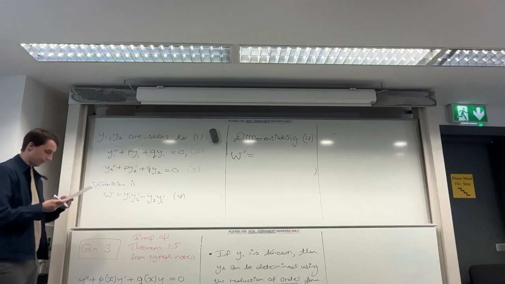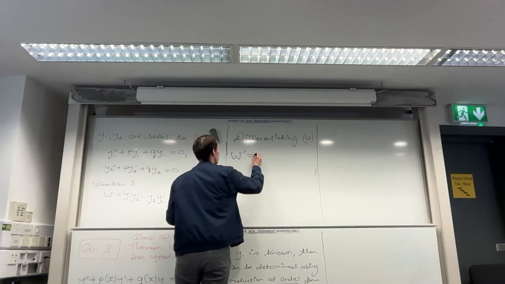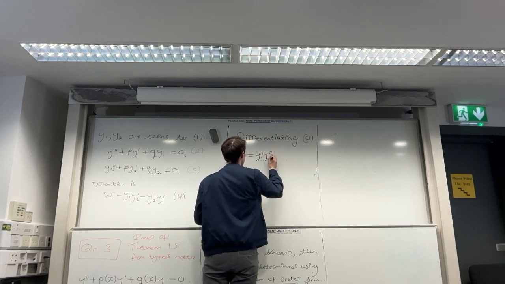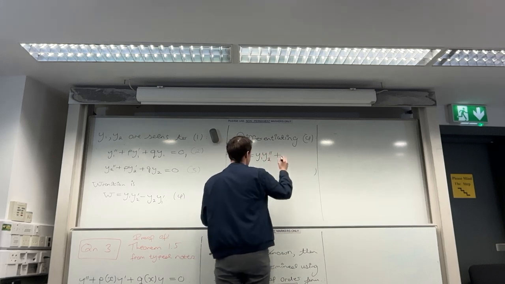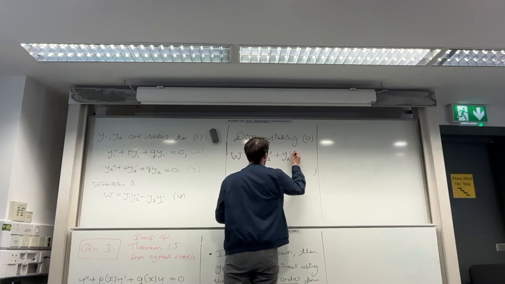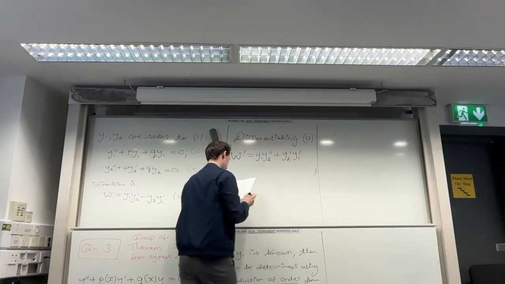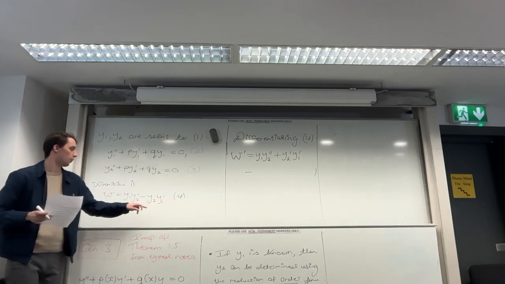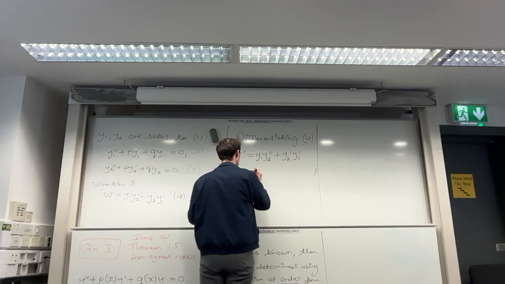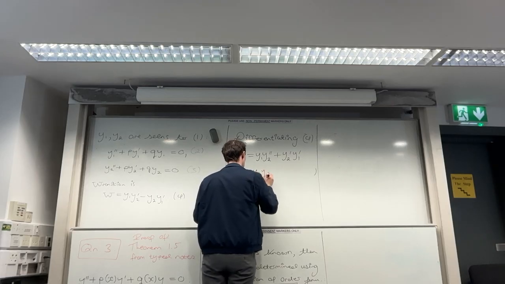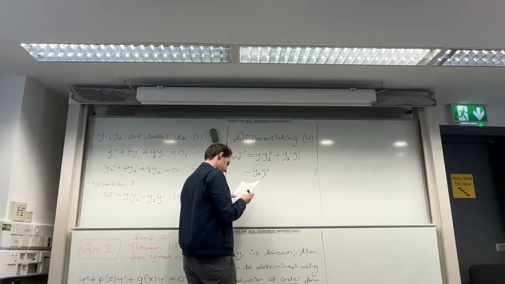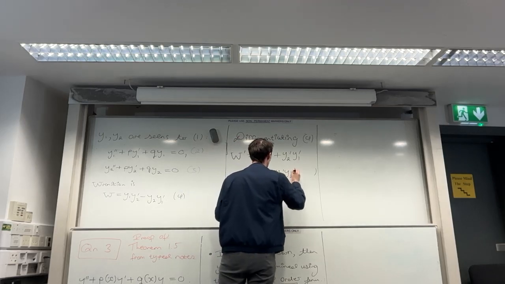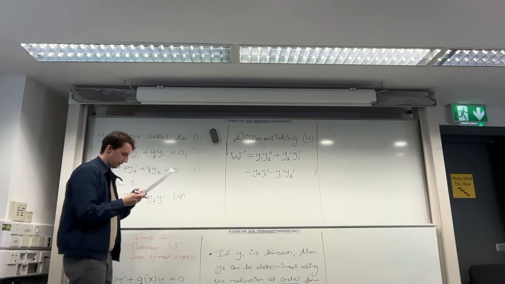So the first derivative is just going to give us y1 y2 double prime plus y2 prime y1 prime, and then the second term is going to give us y2 y1 double prime minus y1 prime y2 prime.